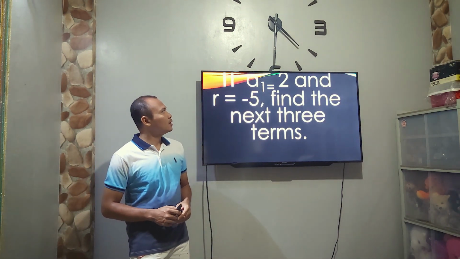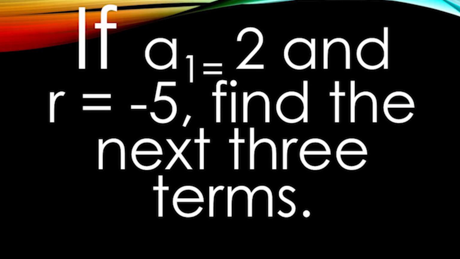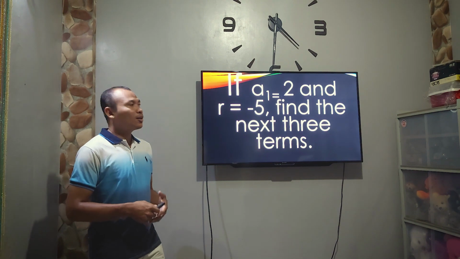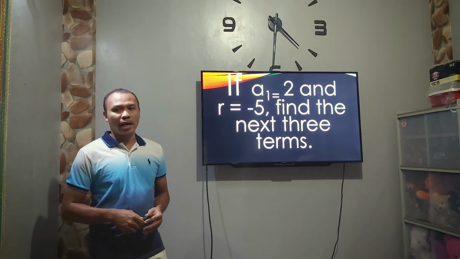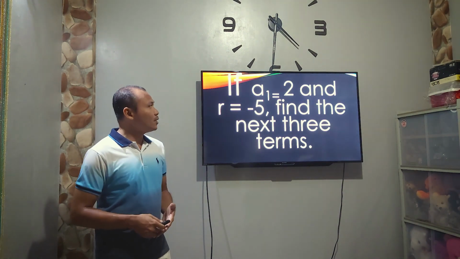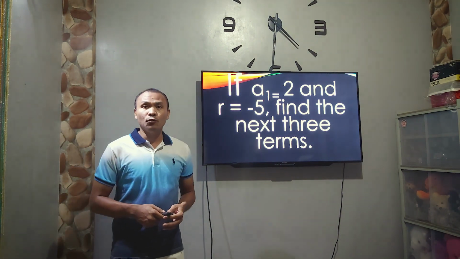Okay? If the first term is 2 and the common ratio is negative 5, find the next three terms. Again, we'll just simply multiply the first term by the common ratio, which is negative 5. So by simply multiplying, 2 times negative 5 is negative 10.